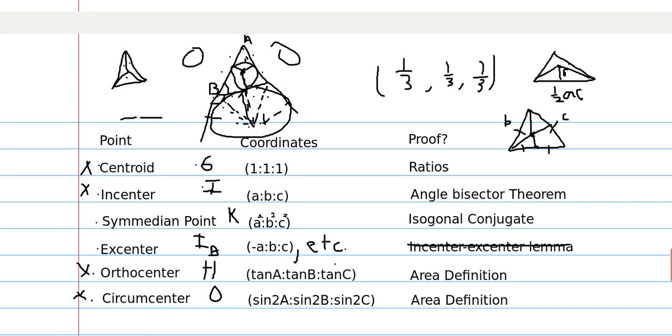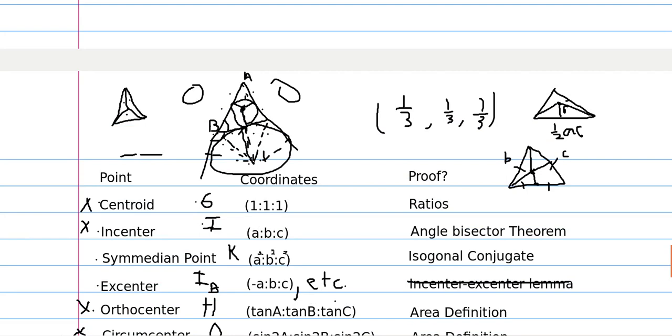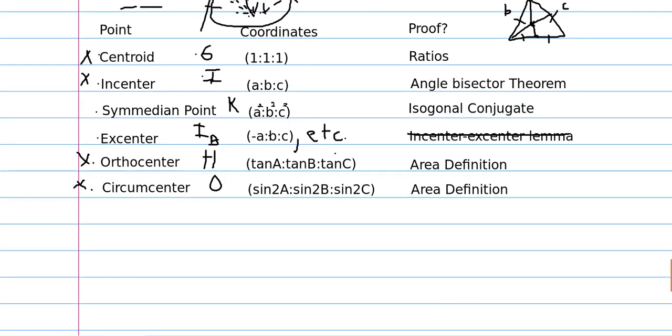Similarly, you would have 1/2 BR and 1/2 CR, so you would just have A, B, and C. For the excenter, since it's outside of the triangle, specifically outside facing A, you would have not three equal areas, but three areas in these proportions. But since this one, IABC, is going clockwise, you would have a negative area there.